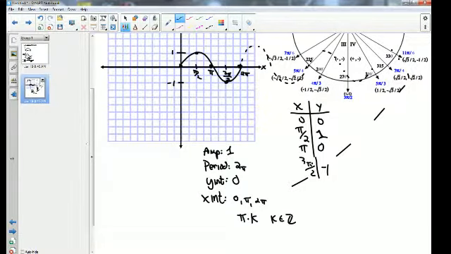Do you remember that from earlier this year? An integer would be -1, 0, 1, 2, 3, whole numbers with negatives. So I could plug any integer in here and I would get an x-intercept on the open interval, right? On this one, I plug in 0. K is 0. I get 0 as an x-intercept.